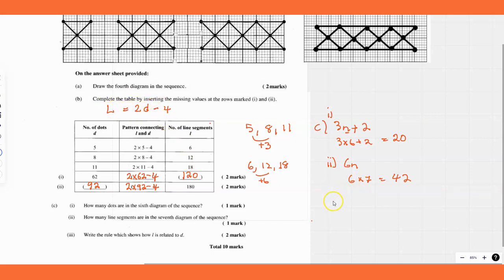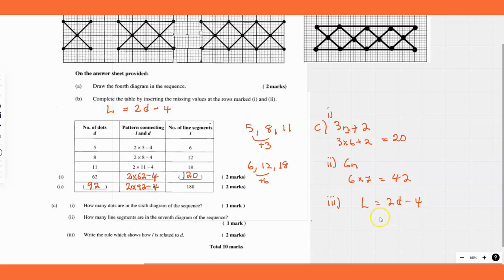So part 3. We know that L equals 2D minus 4.